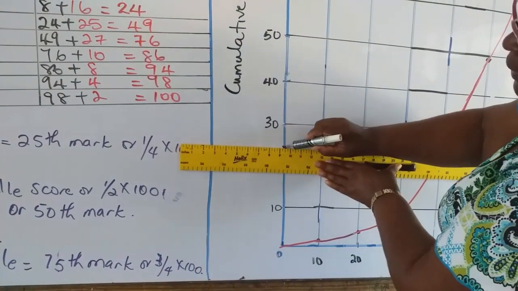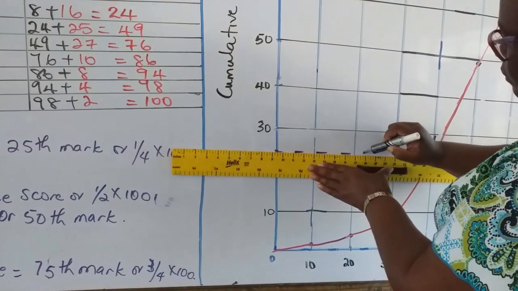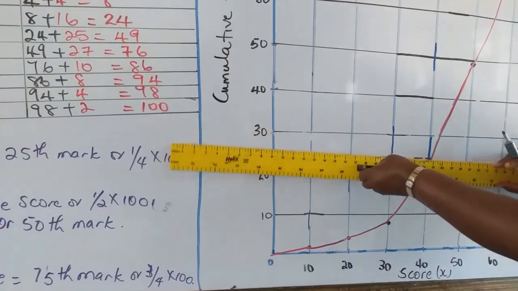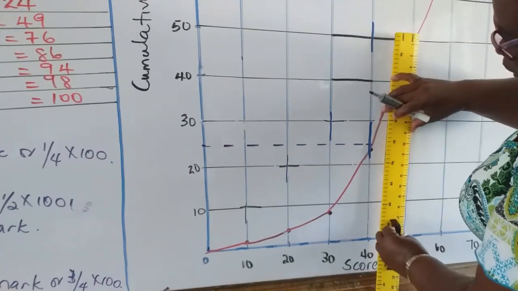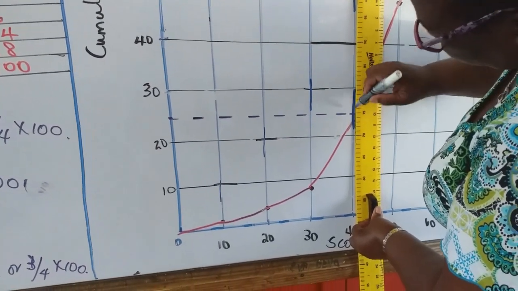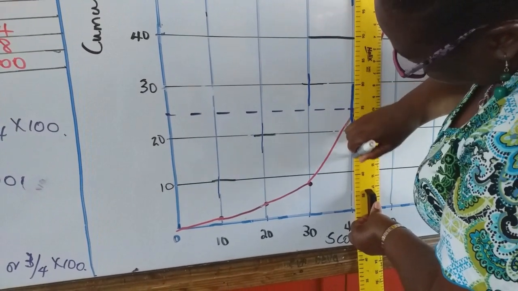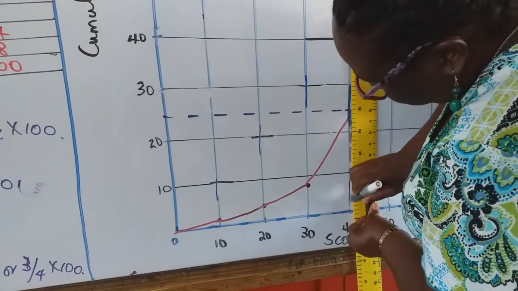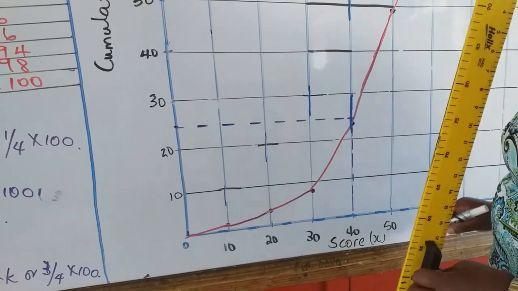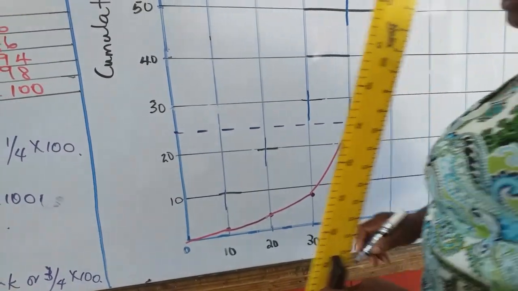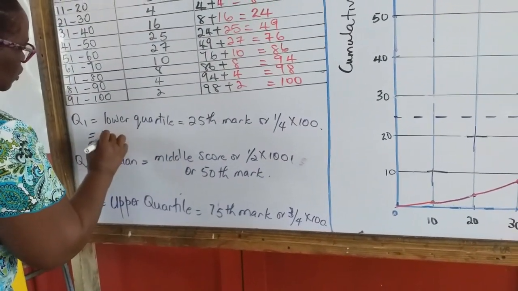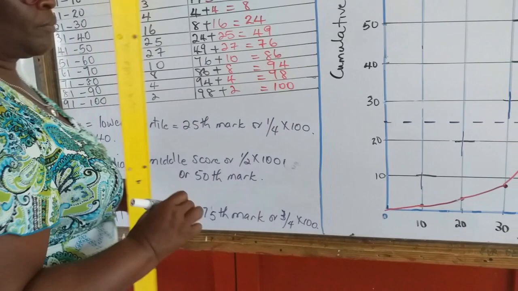We draw broken lines, and it must touch the curve, and then we come down. Our Q1 falls on 40, so Q1 will be equal to 40.